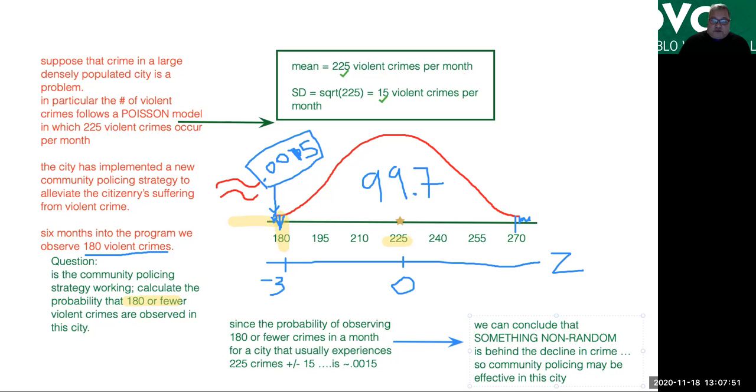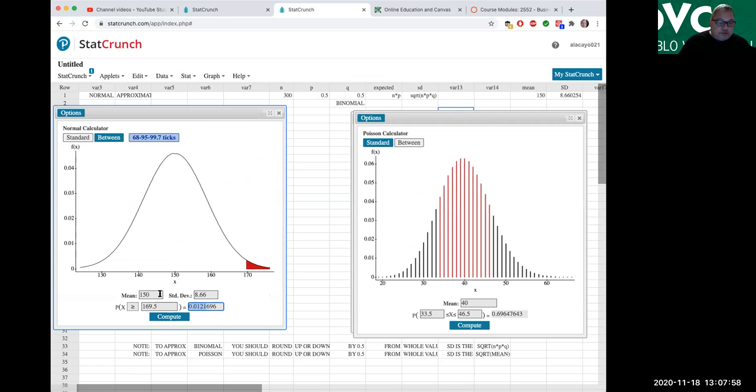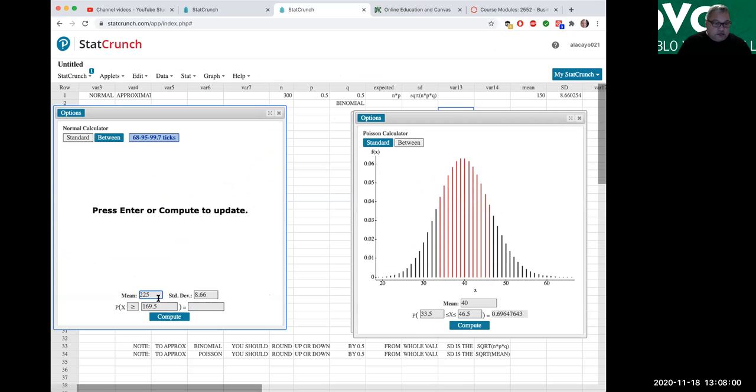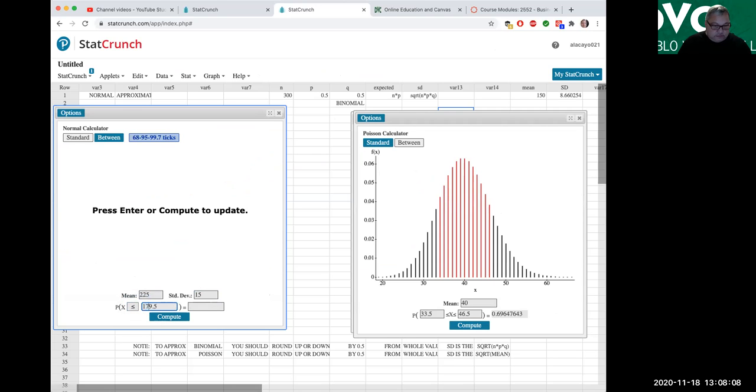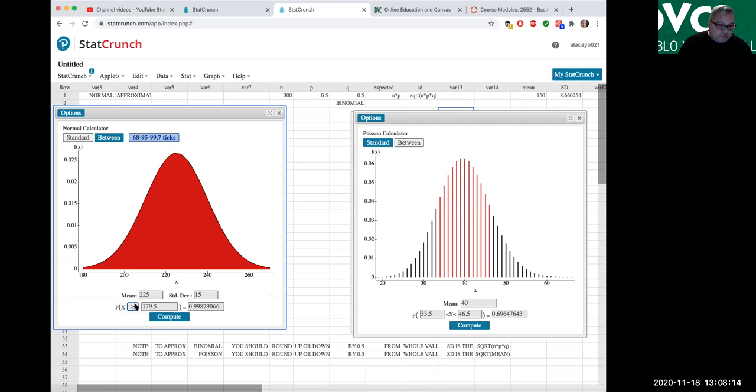And so how did I get this 0.0015? Well, you go to StatCrunch, you put in the mean and the standard deviation, and then you calculate the probability of seeing fewer than 180 crimes, and the answer is 0.0012.